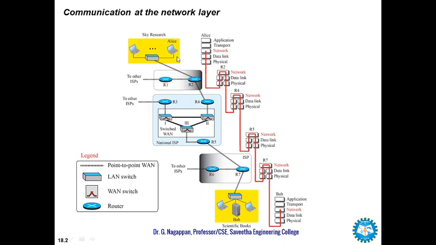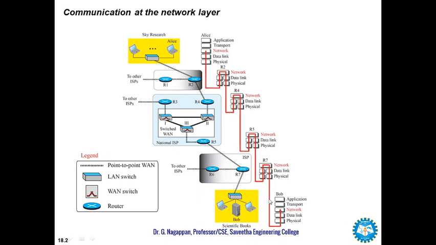At the source, Alice's side, the data received from the transport layer, the upper layer, is encapsulated as a datagram in the network layer, and that is passed on to the data link layer for framing and further processing.